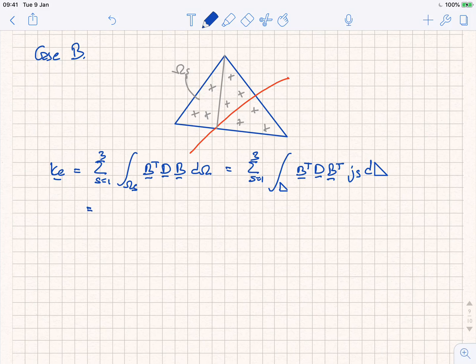And because we're interested in performing this integration by using discrete evaluations at Gauss points, then that whole thing transforms into something that looks like this. Let's call Q equals 1 to the number of Gauss points, and then we are going to be evaluating this B transpose at those points. So let's call this X. How do we do this?